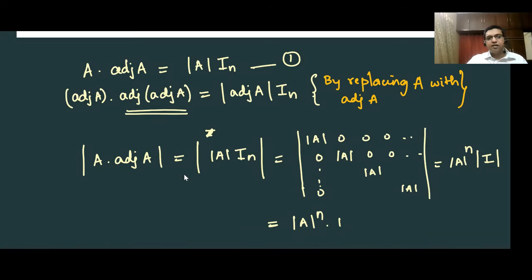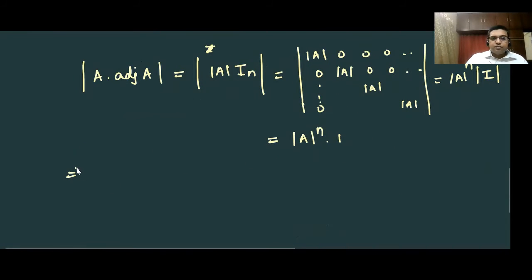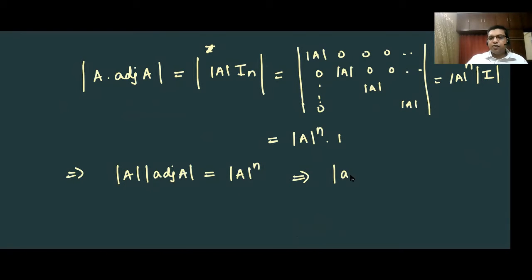Okay. And we know determinant of AB by the property is determinant A into determinant B. So from here we get determinant of adjoint A is determinant of A to the power of n minus 1.